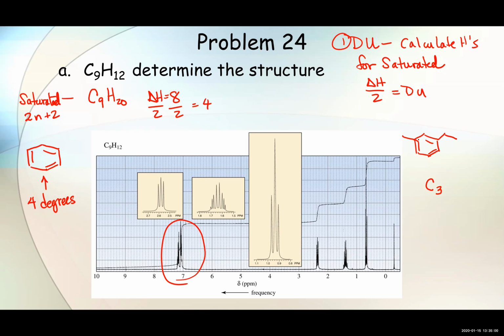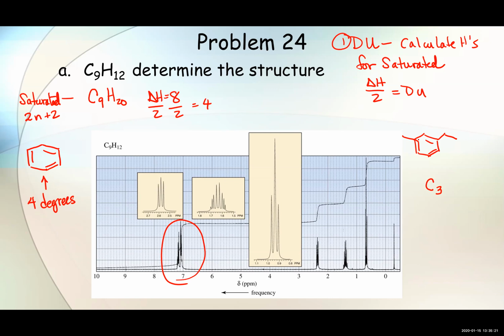All right, so what I was saying is, if I take 6 of the carbons out of here, that only leaves me 3 carbons. If I have 2 different groups, at least one of them has to be a singlet. If I have 3 different groups, they all have to be singlets.